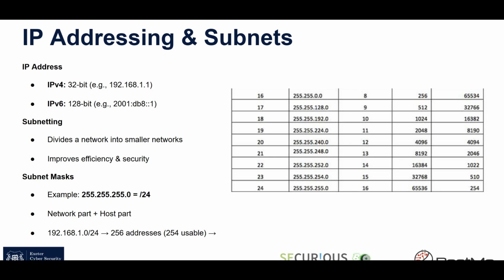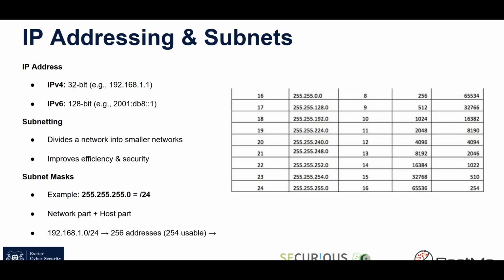So /24 means you have 256 addresses minus 2, because you've got addresses that are reserved for the network, which are .0 and .255, which leaves you with 254 usable addresses. This is the hard part. Everyone is following? Questions? No?